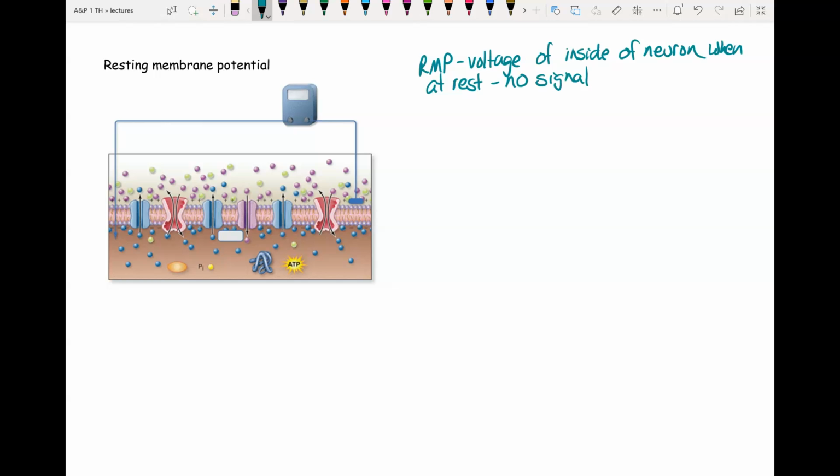We calculate this voltage by comparing the inside and the outside. So notice there are ions both inside and outside.